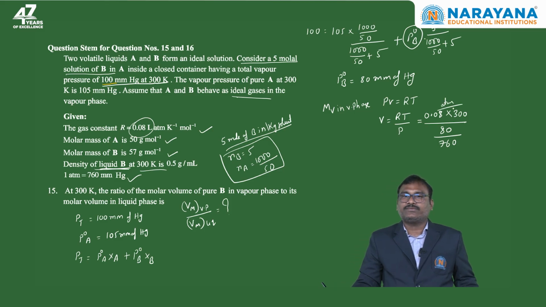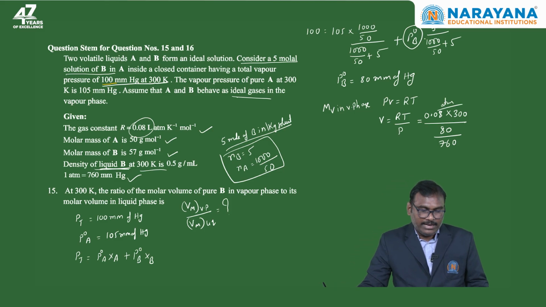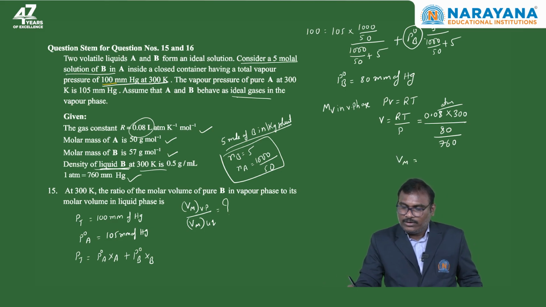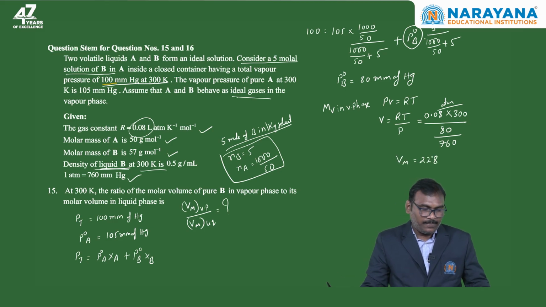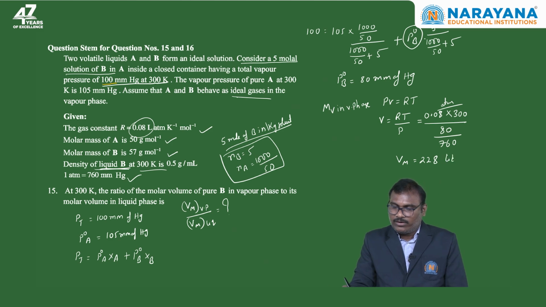After changing, I got the volume as 228 liters per mole. That is the volume of B in the vapor phase.